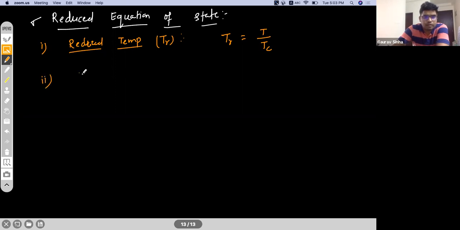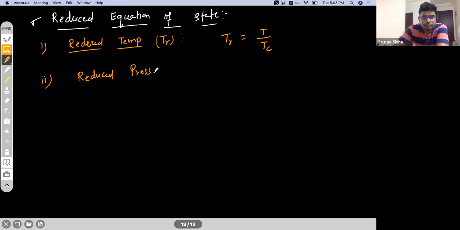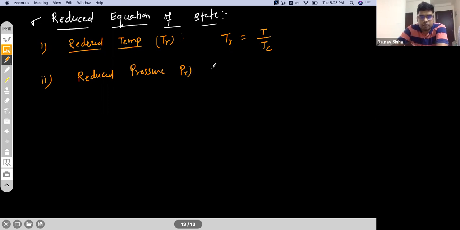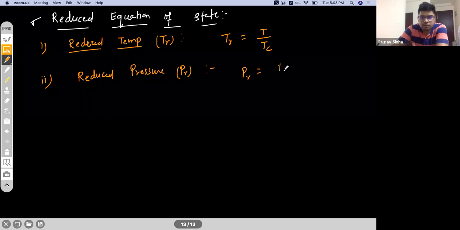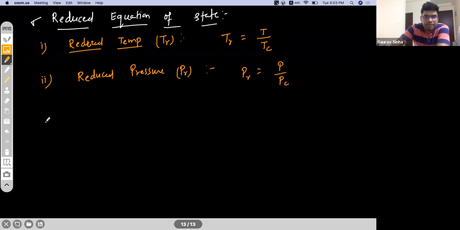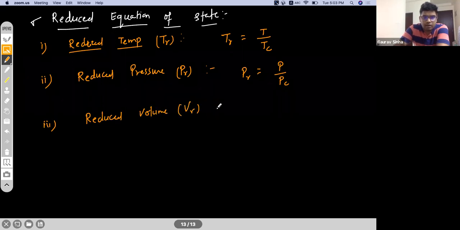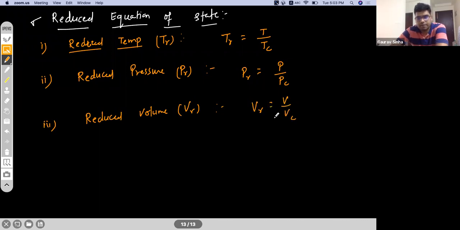Similarly, reduced pressure, that is Pr, is equals to P divided by Pc, and reduced volume Vr is equals to V divided by Vc.